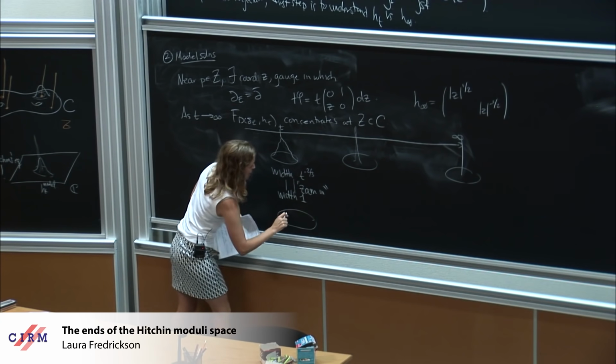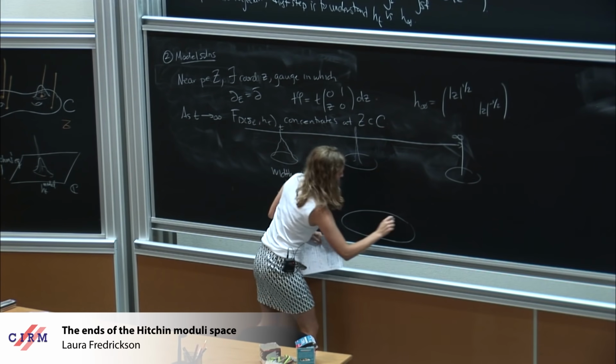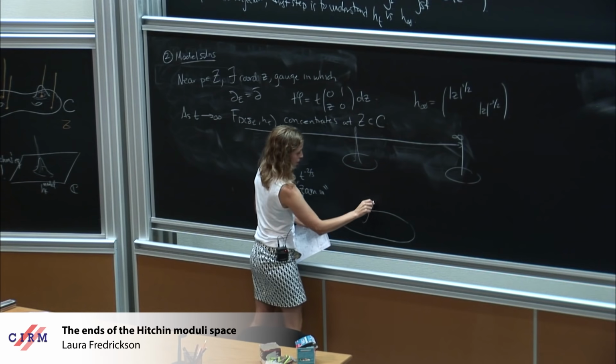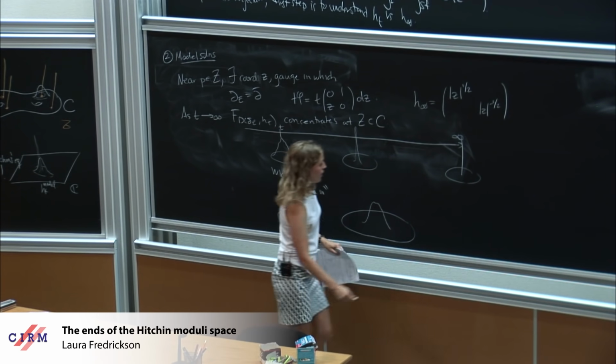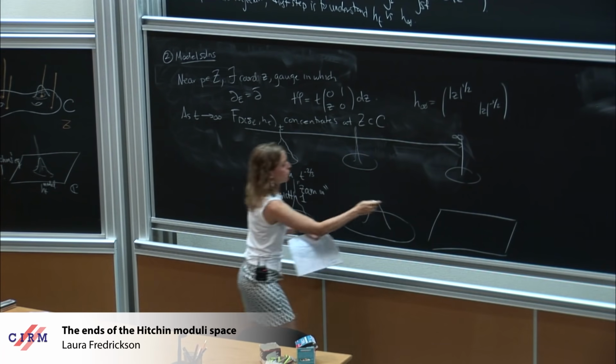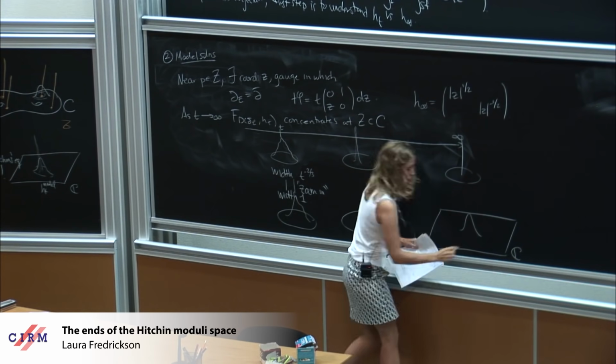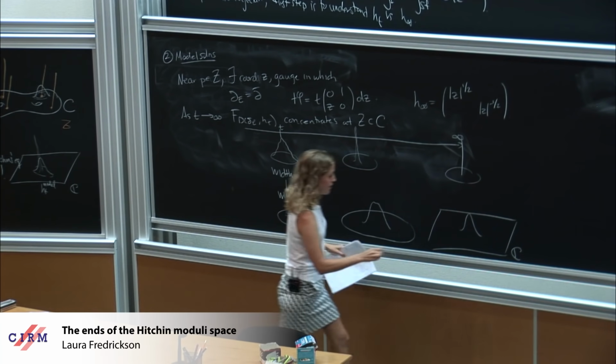And so here you'd have the same picture. And then here, you get a lump. And then at infinity, when you've rescaled this to 1, you've extended to the entire complex plane C, and you get a nice, smooth little solution. And this is the model solution.